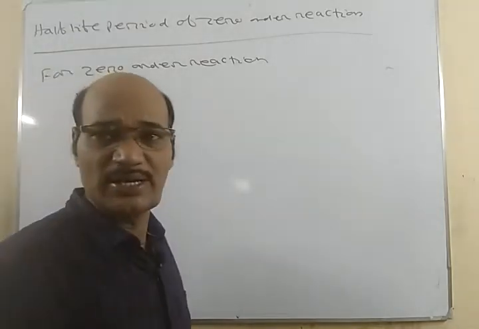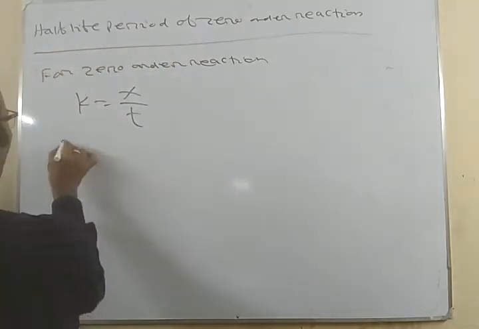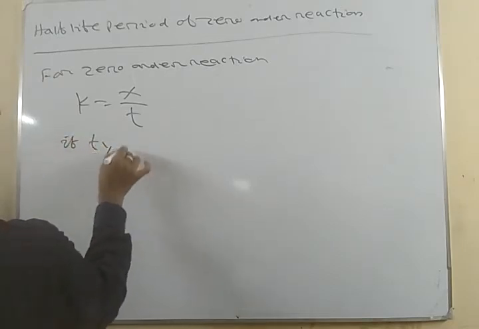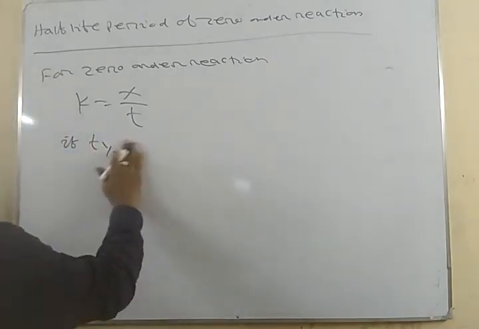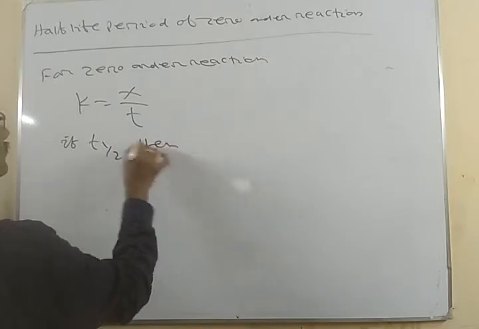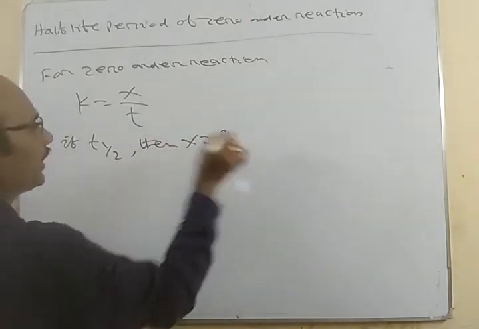If t equal to t half, then x equal to a half, a by 2.